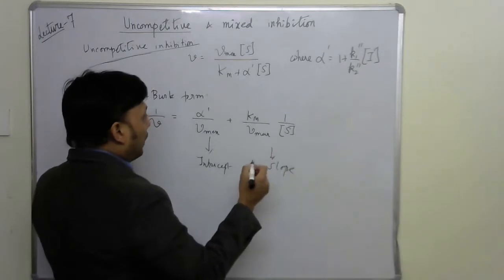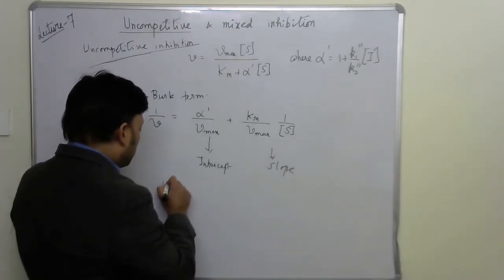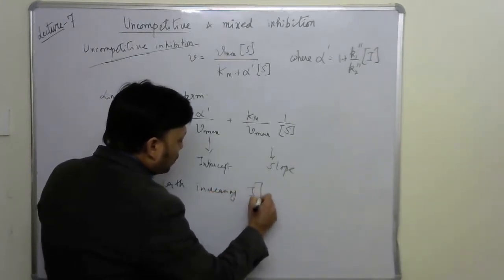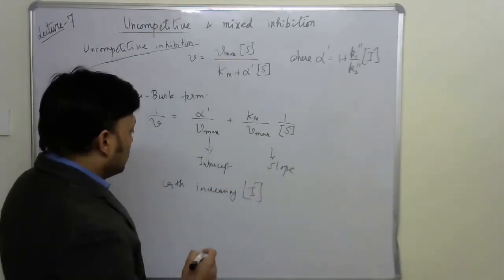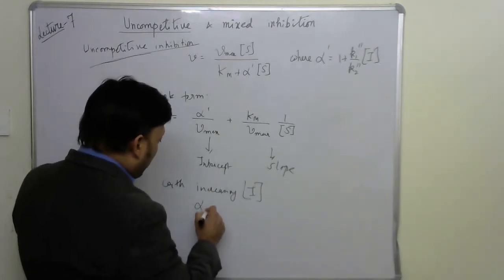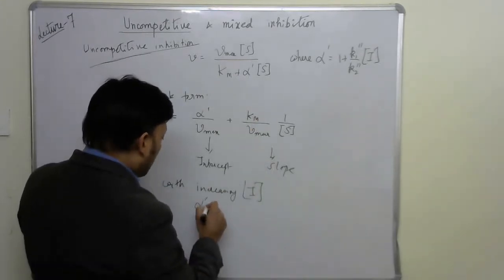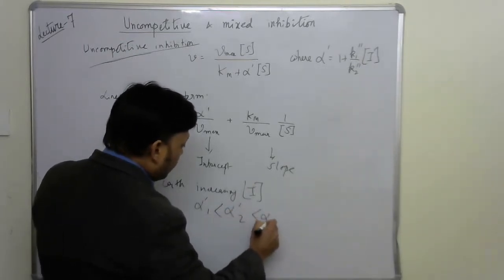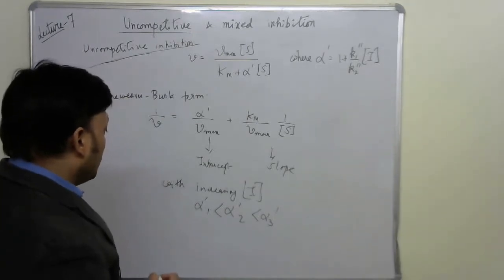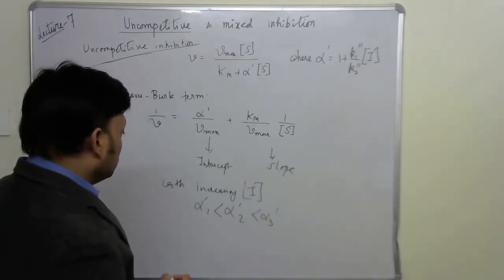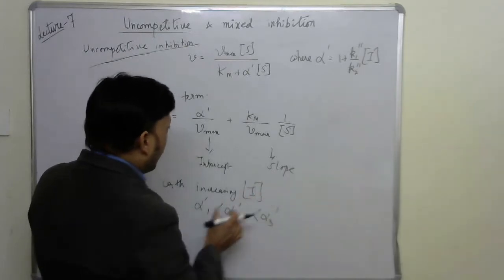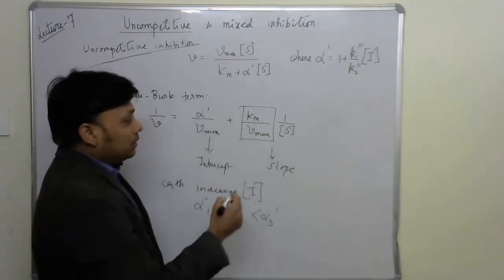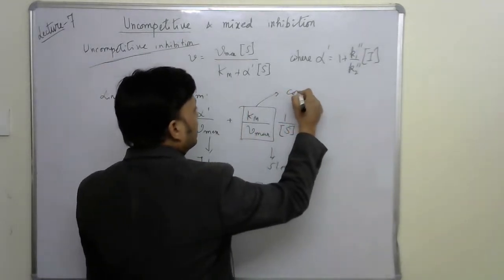So with increasing concentration of the inhibitor, we can write alpha 1 prime less than alpha 2 prime less than alpha 3 prime, etc. With increasing concentration of I, we see the slope is unchanged, so the slope remains constant.